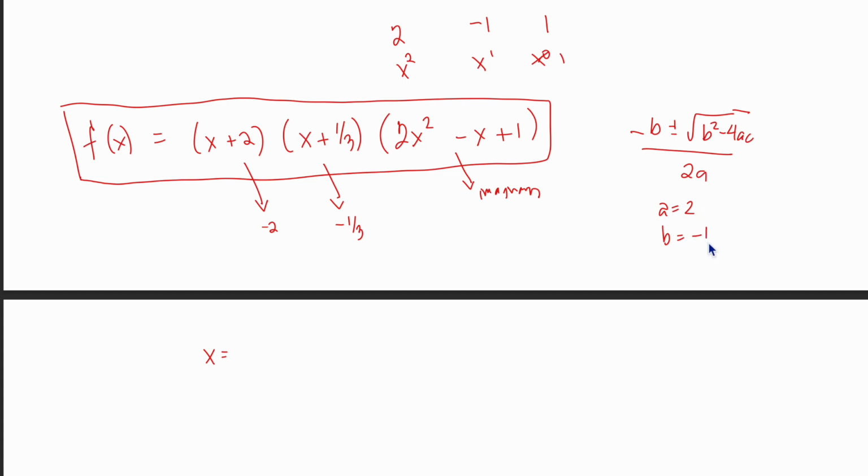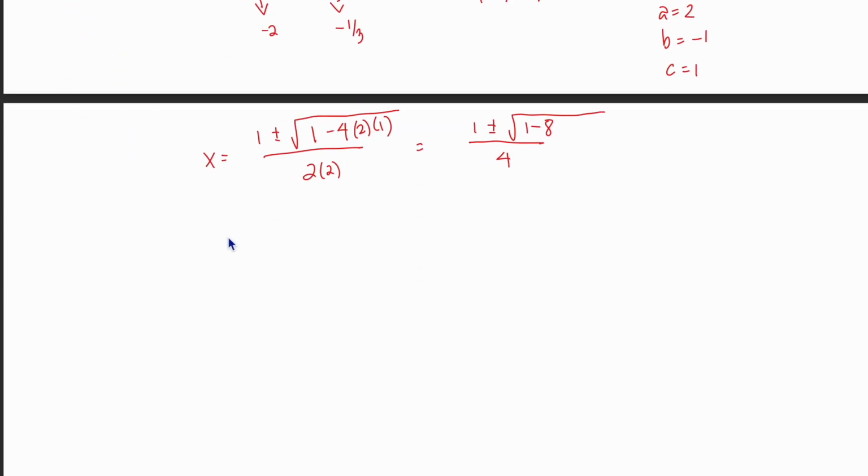Our b is negative 1. And our c is 1. So, we have negative b, plus or minus the square root of b squared minus 4ac over 2a. So, we have 1 plus or minus the square root of 1 minus 8 over 4.